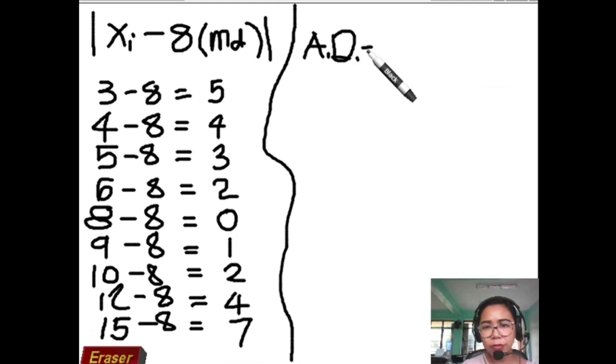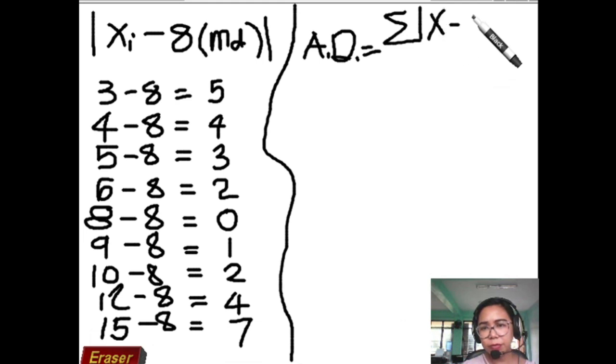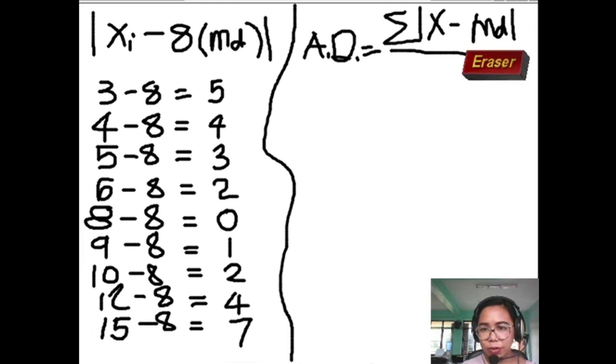We have the formula: the sum of the absolute difference from the median divided by n.